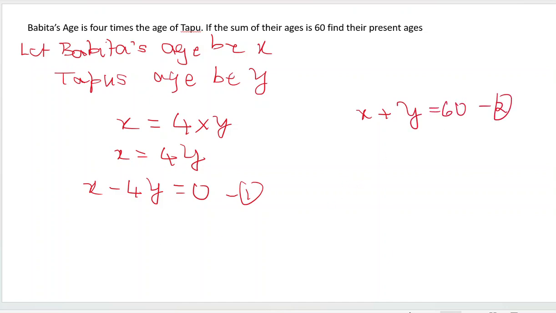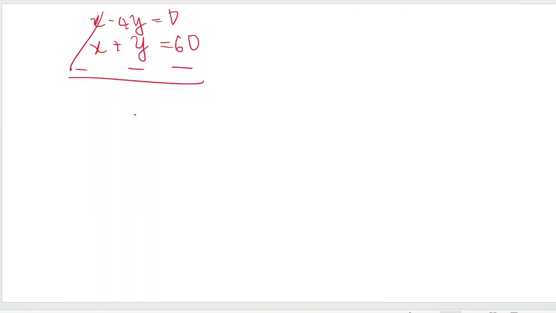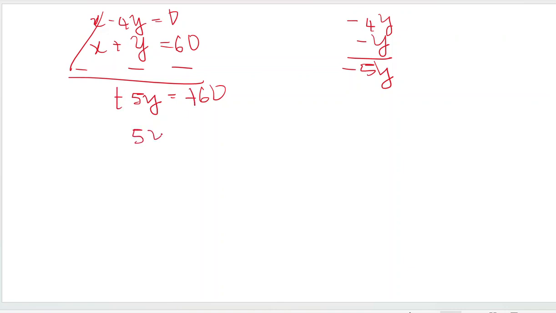Now we solve both by the elimination method. That means X minus 4y equal to 0 and X plus y is equal to 60. Changing the signs, we have minus 4y and minus y, so we get minus 5y equal to minus 60. The minuses cancel, so 5y is equal to 60, and y is equal to 60 by 5, which is 12.